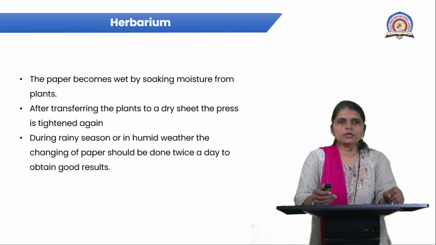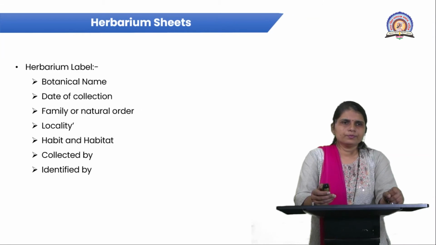Then, after transferring the plant to a dry sheet, the press is tightened again. Then, during the rainy season or in humid weather, the changing of paper should be done twice a day to obtain good results, to remove excess water.